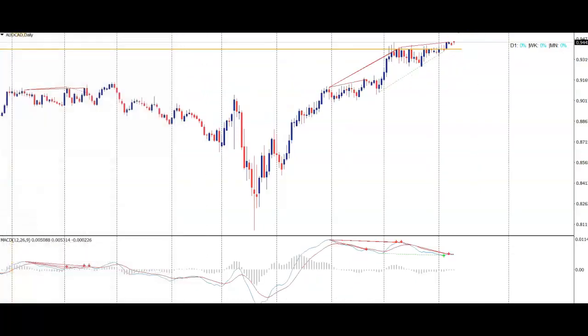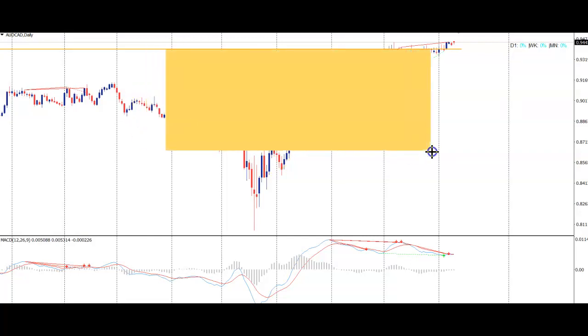And where I'm looking to sell this is, so we'll just get the text up here. I'm looking to sell this. So it's sell AUD at 0.95.